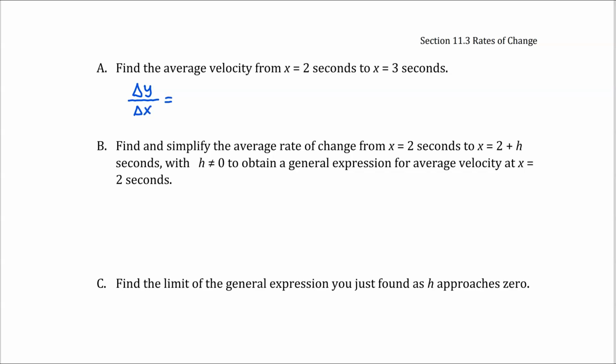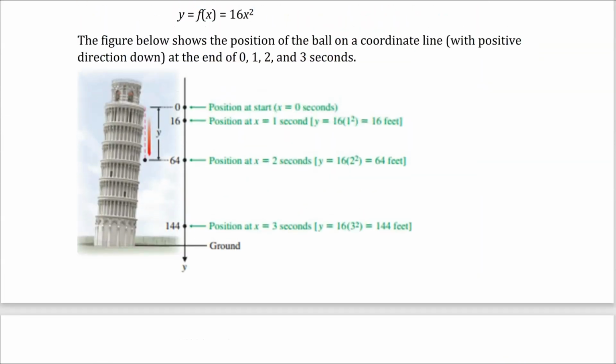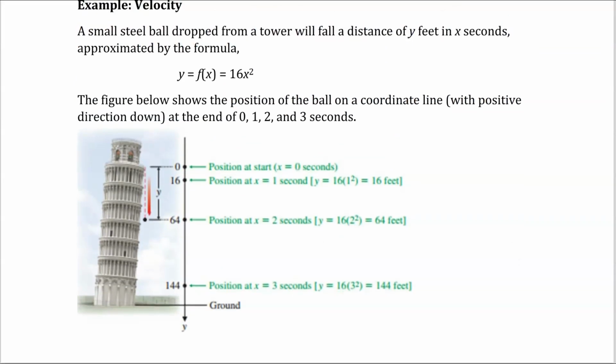The change in the position at x equals 3 seconds, so that's f of 3 minus the position at 2 seconds, f of 2, divided by 3 minus 2. Referring to the figure here, at 2 seconds the position is 64 feet, and at 3 seconds the position is 144 feet.